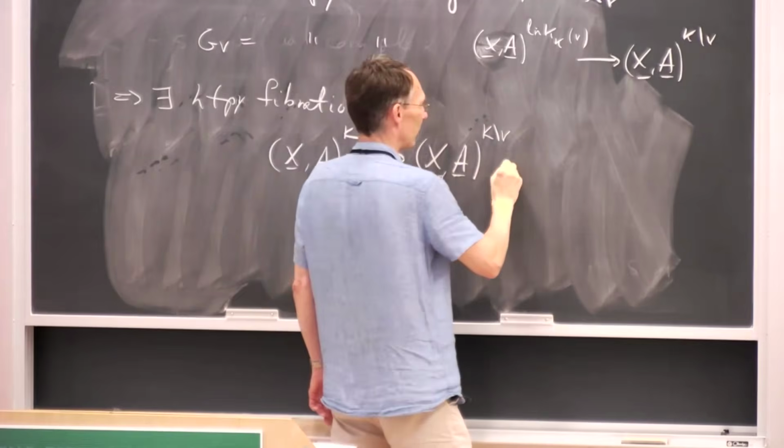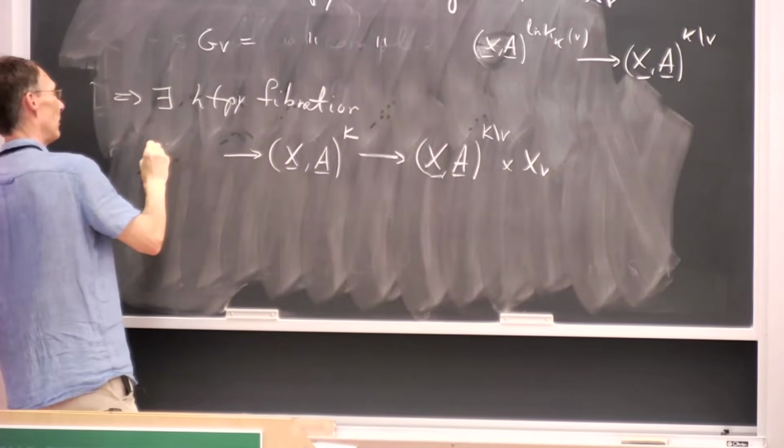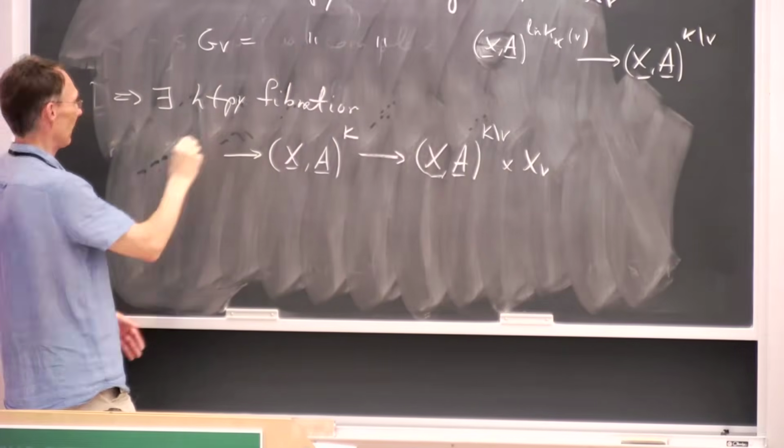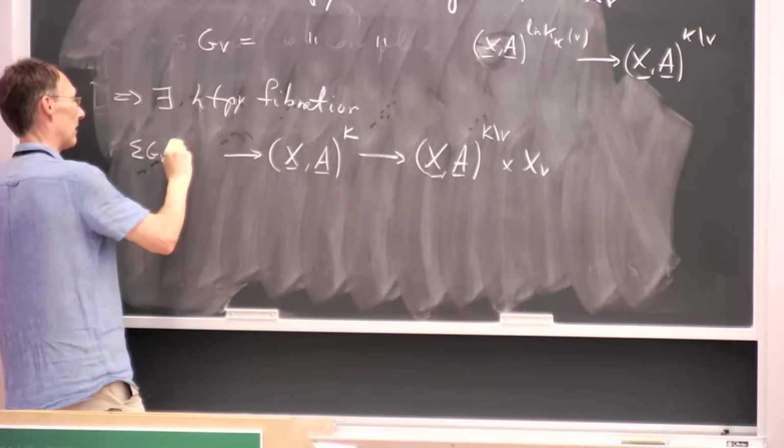Polyhedral product for the restriction cross X, and the fiber you can identify as this suspension of G smash Y.